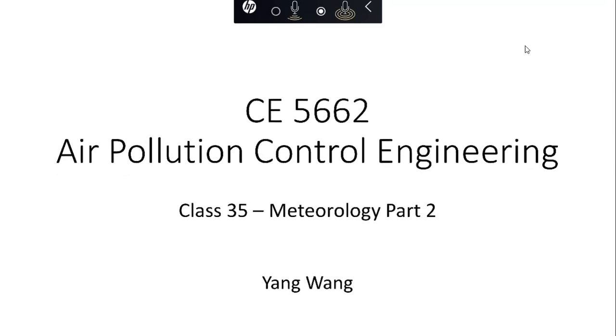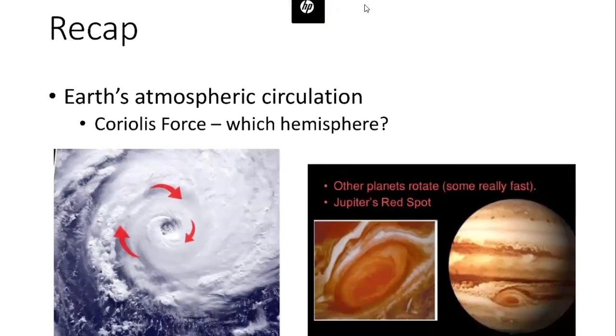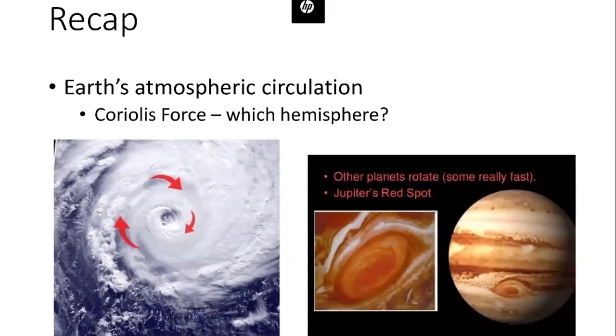So, this time we're going to finish up the class contents and then do a quick review, as I said. Last class, we mainly discussed meteorology, right? We spent quite a lot of time talking about the Earth's atmospheric circulation. This is very important because whenever we discuss air pollution, we have to consider where the wind is.